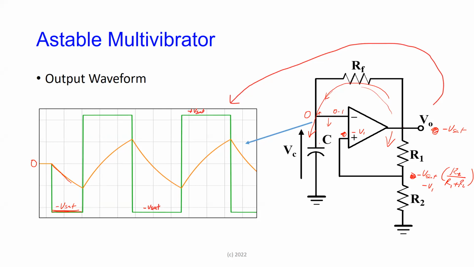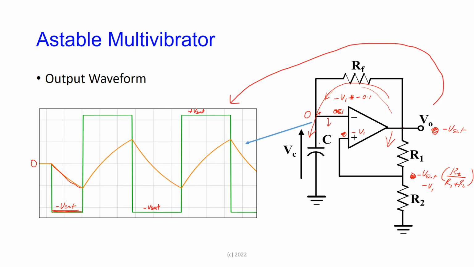So it's doing this. At some point, the voltage here on the capacitor is going to get more negative than minus V1. Let's say another 0.1 volts, just to use a value. It goes a little bit more negative than minus V1.